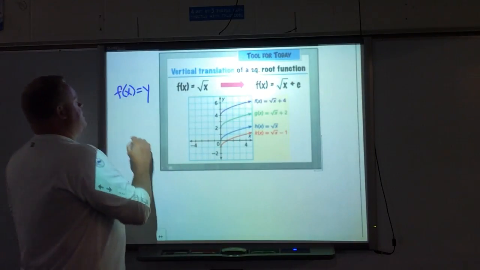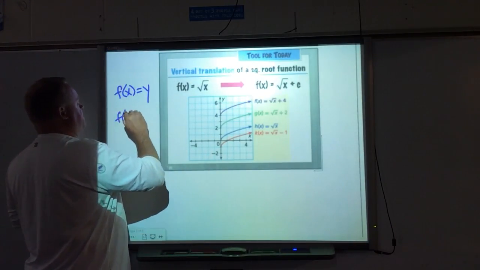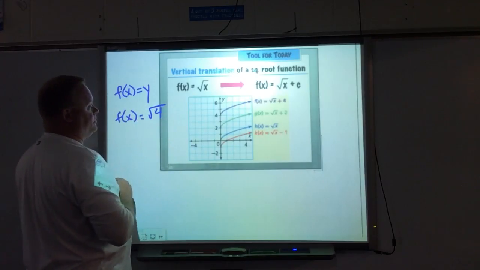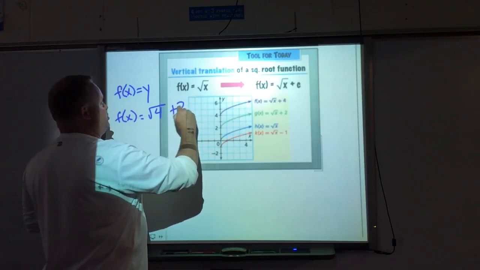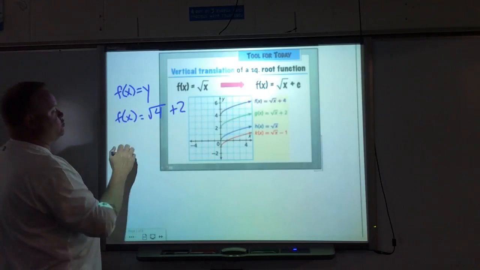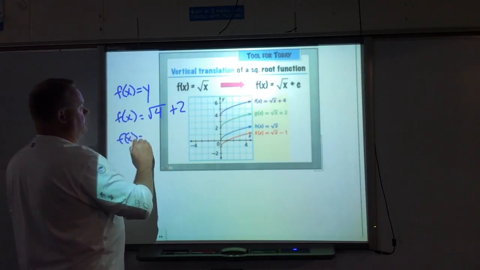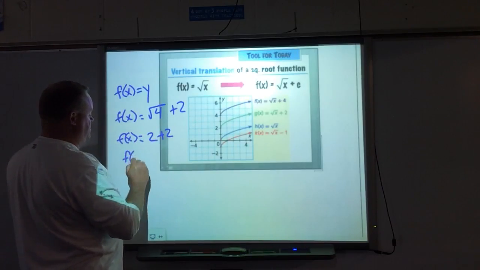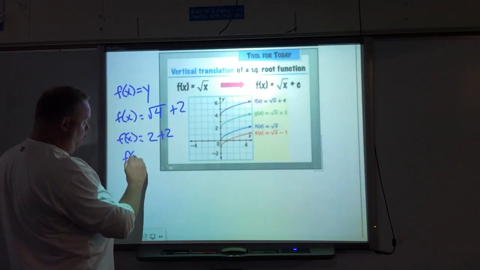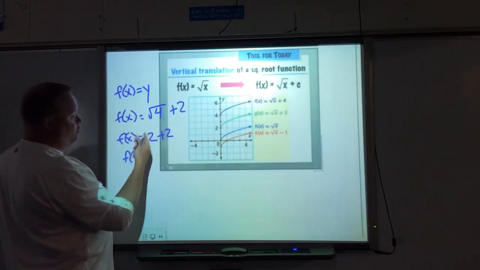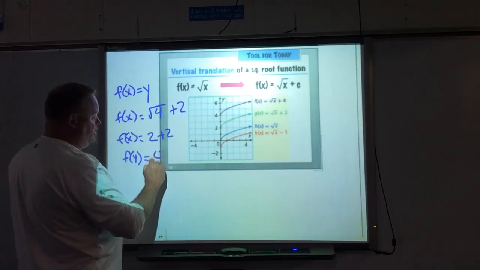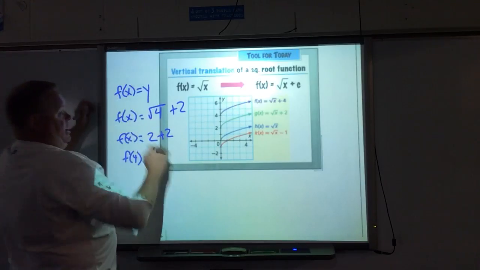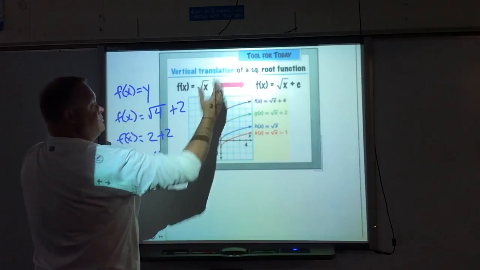So if I had f of x equal to the square root of, let's say, 4, and I said plus 2, well, I know that the square root of 4 is 2, but if I add 2, then f of 4, because I plugged a 4 in there, is going to be 4, which means that when x is 4, it's going to be up there, right?